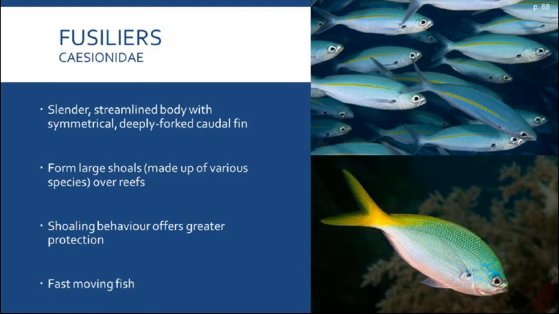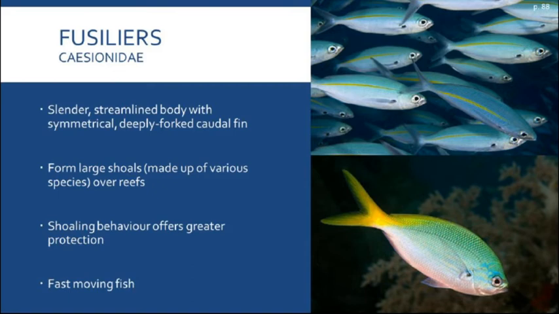All right, next up we have our fusiliers. Our fusiliers are also known as Caesionidae, okay? And these are our slender, streamlined bodied fish. They've got a symmetrical, deeply forked caudal fin, or tail, which we can see in this example here. I like to describe these fish as having that typical fish shape.